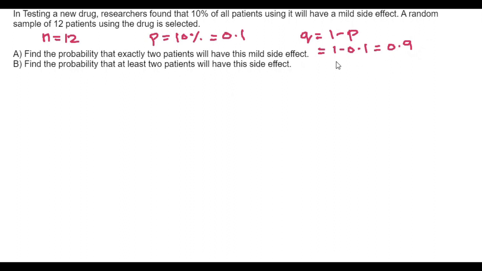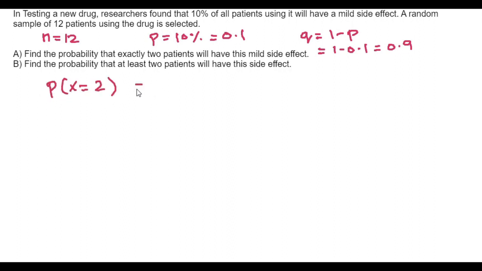So these are the details we get from this question, and now we need to find the probability that exactly two patients will have this mild side effect. So we need to find P of x equals 2.